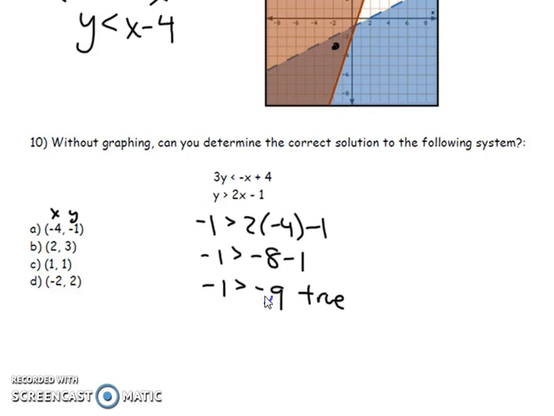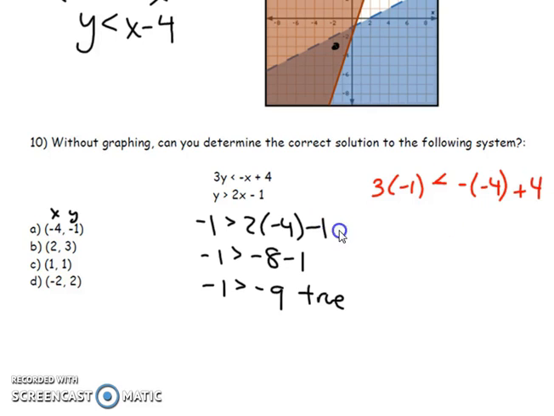When you've got negatives, the lesser of the negative is bigger, because think about being in debt. You'd rather owe me $1 than owe me $9. So since it worked in that problem, I need to make sure that this same ordered pair works in the top equation. So let me do that in red. 3y, so 3 times -1, is less than -x, so -(-4) plus 4.